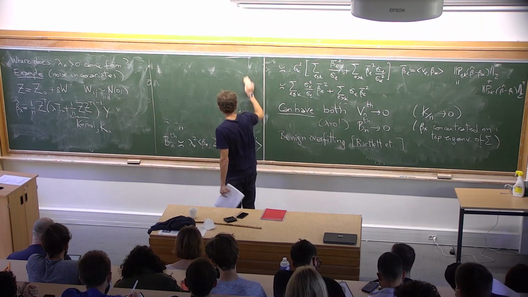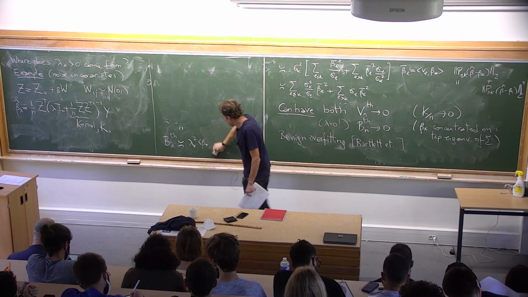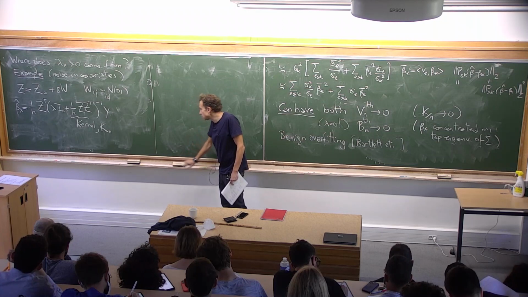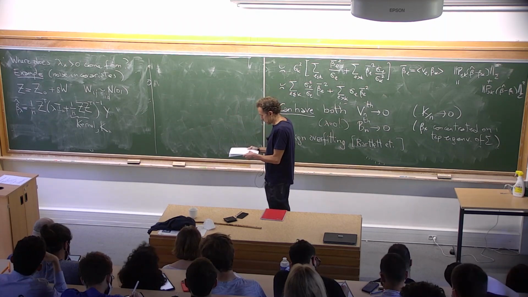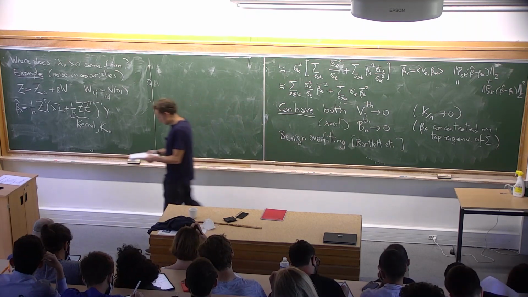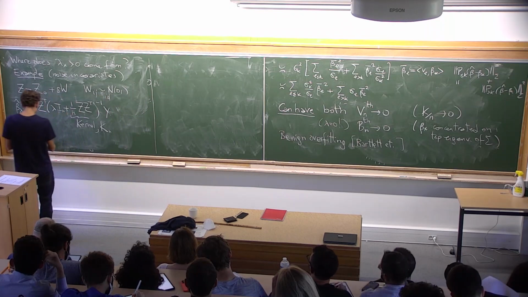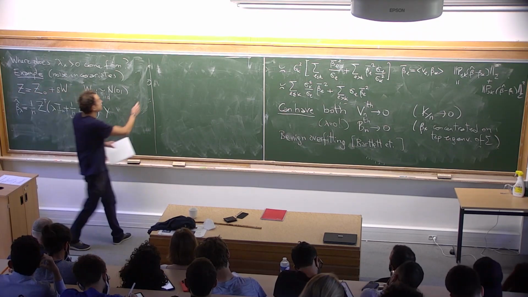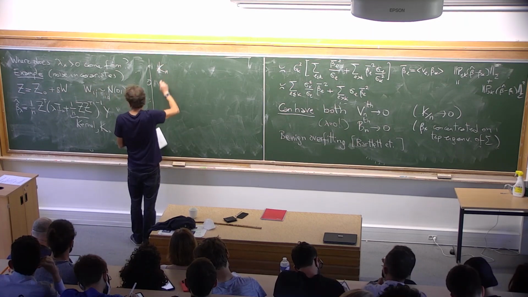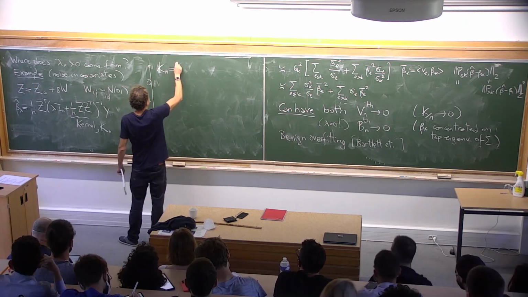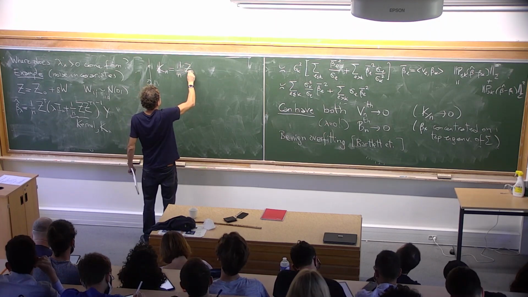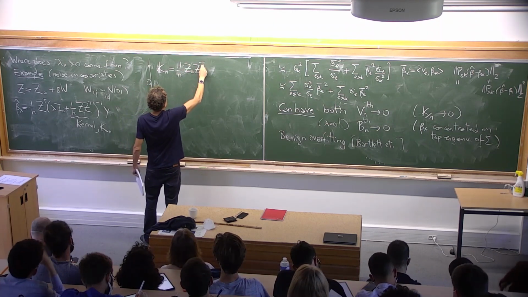I say kernel matrix because it's an n by n matrix whose entry ij is the normalized scalar product between the feature vector for data point i and the feature vector for data point j. So this kernel matrix takes the form: let me write it, 1 over n Z0 Z0 transpose.